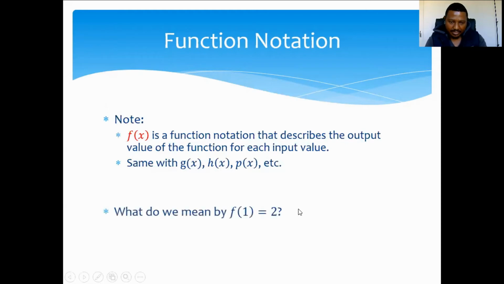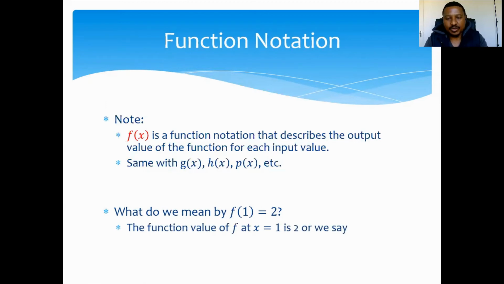Secondly, learners, what do we mean by f(1) equals 2? You can say the function value of f at x equals 1 is 2, or the other way we can say f at 1 is 2. That's what we mean by this. So that means you substitute 1 wherever there is an x.